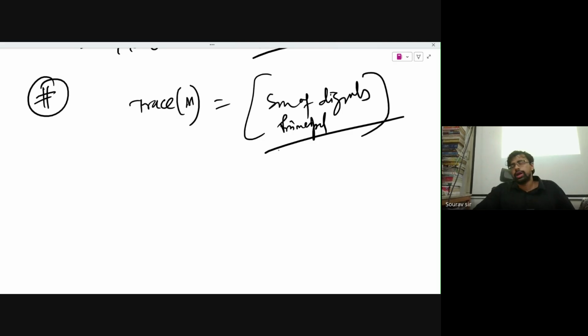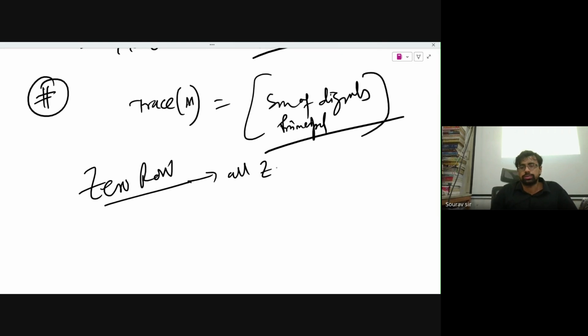Okay. In many cases, matrices can play with your mind also. What do you mean by a zero row? Zero row means not that any one value is zero, but all zero. And non-zero means if any one value is non-zero, it becomes non-zero.